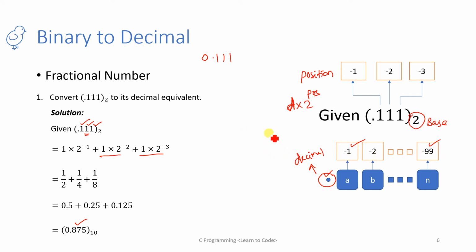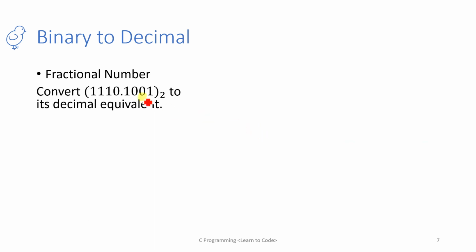Now that we understand this, let us take a bigger example. Suppose the given number is: convert 1110.1001 in binary to its decimal equivalent. Now you can see there are two parts. One part is present before the decimal point and another part is present after the decimal point. So those two values need to be calculated separately.